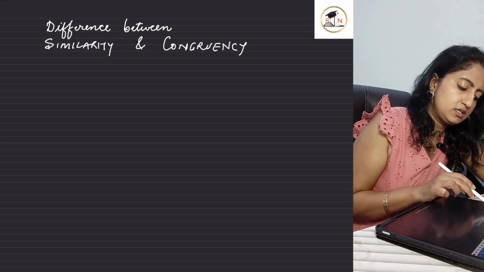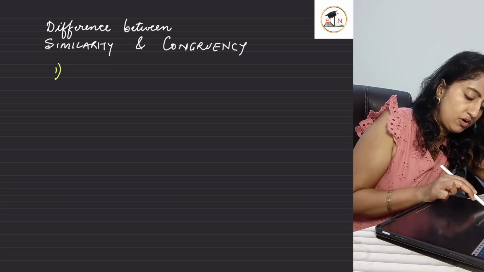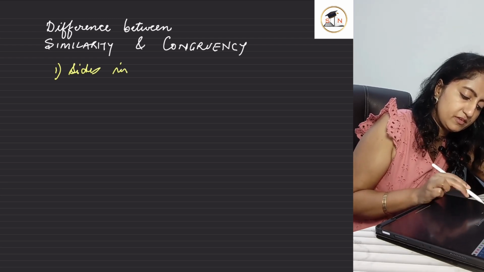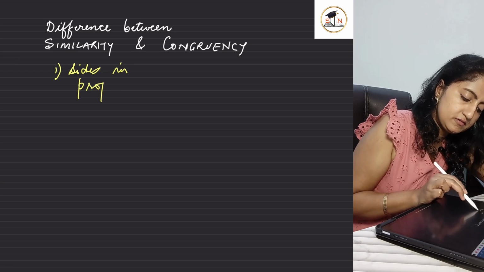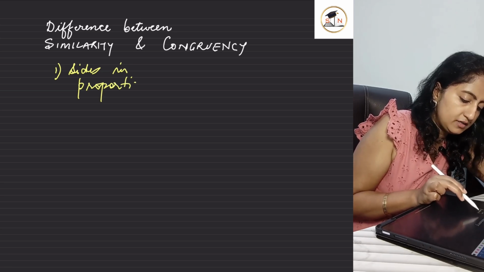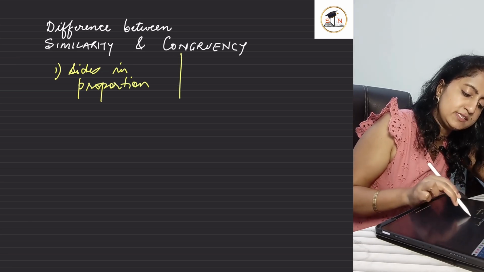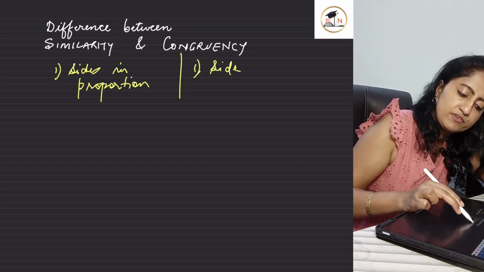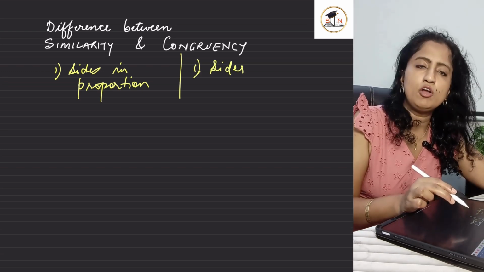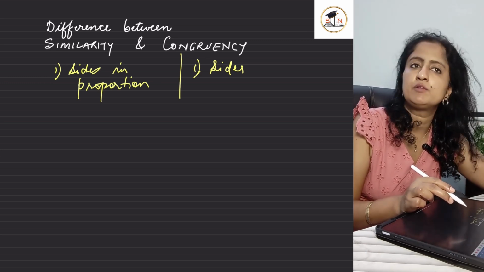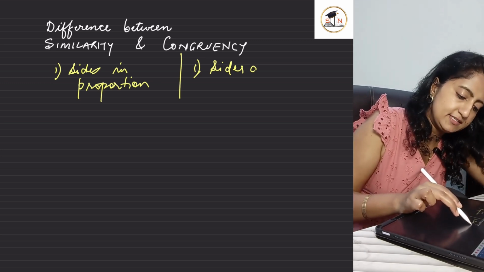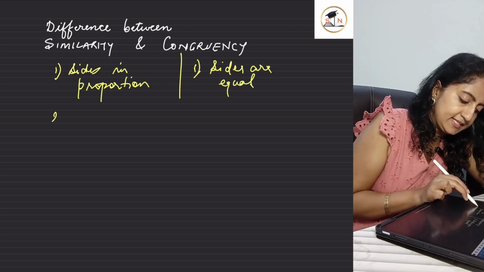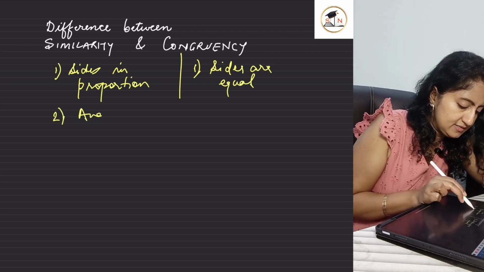As we have just learned, similarity means the corresponding sides are in proportion. But when we talk about congruency, the sides are supposed to be equal. That is what we have been doing always. We've always equated the sides when we were proving congruency, right? Sides are equal. The second, angles.